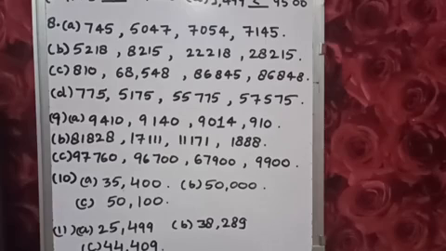Clear? So we have to write the predecessor, or the number just before 44,140. So it will be 44,409 will be the predecessor of 44,410. Clear? So I hope the questions are clear.